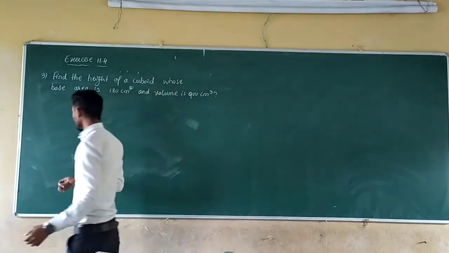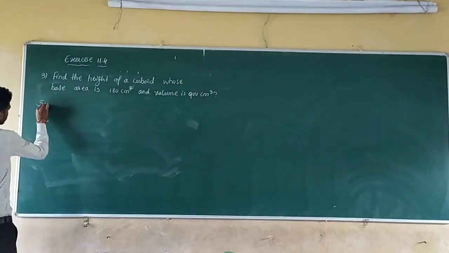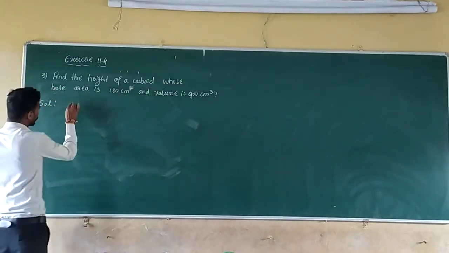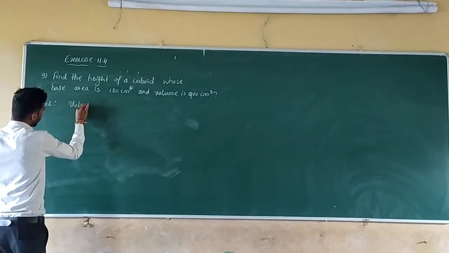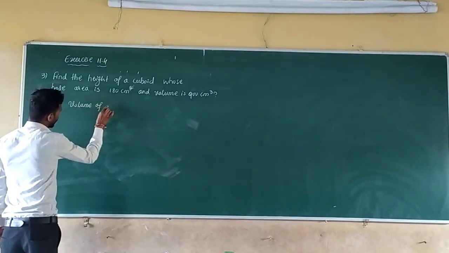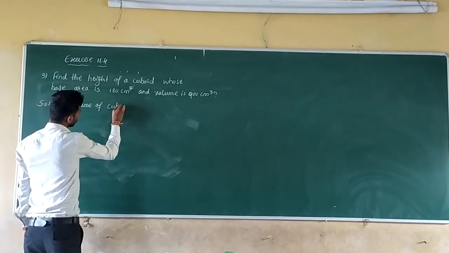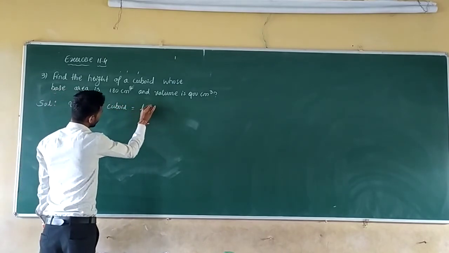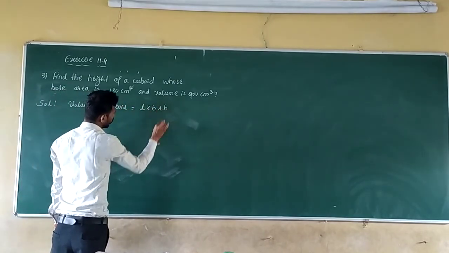Just use the volume formula for the cuboid because they have given the volume. Volume of cuboid equals length into breadth into height.